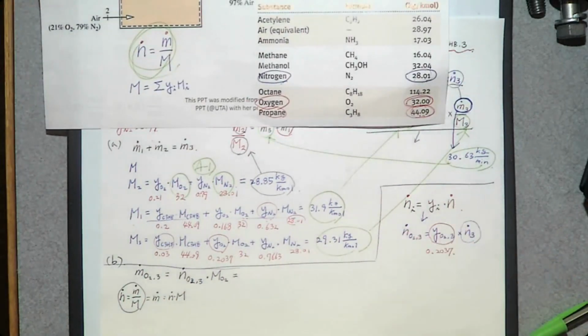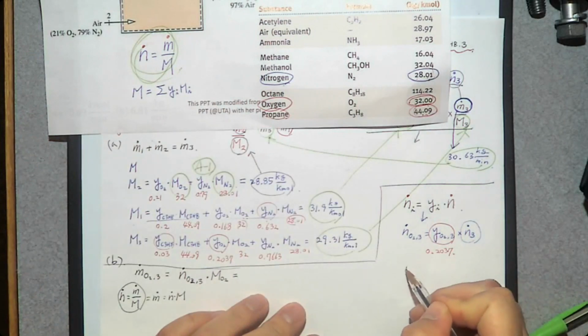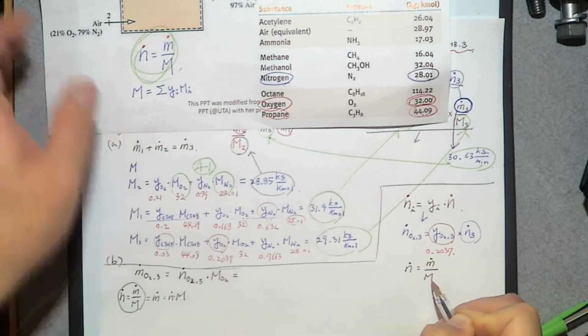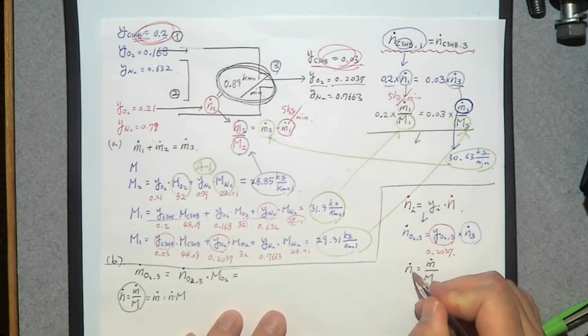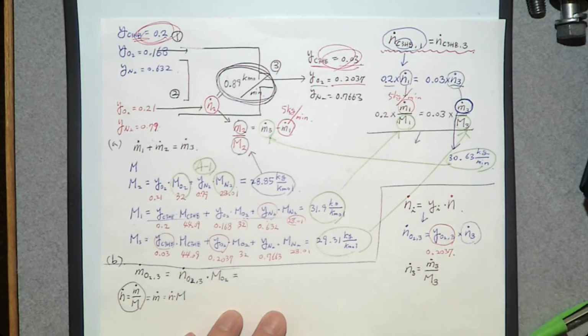Using the same equation that we know, N dot is M dot over molecular weight. So let me write this equation here. N dot is going to be M dot over molecular weight. This one is for the exit number 3. So N dot number 3 is going to be M dot number 3 over the molecular weight at number 3.